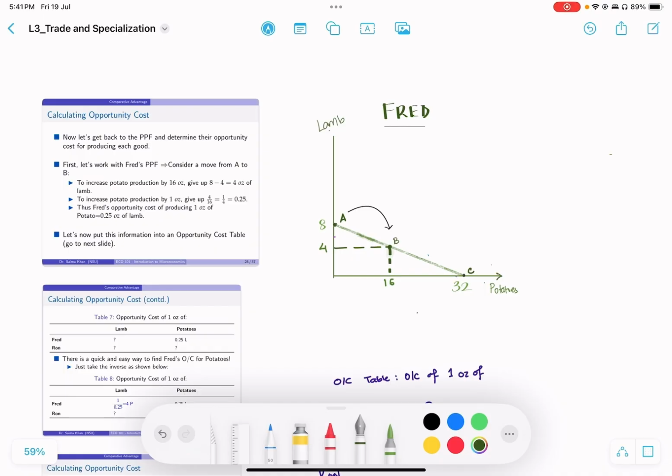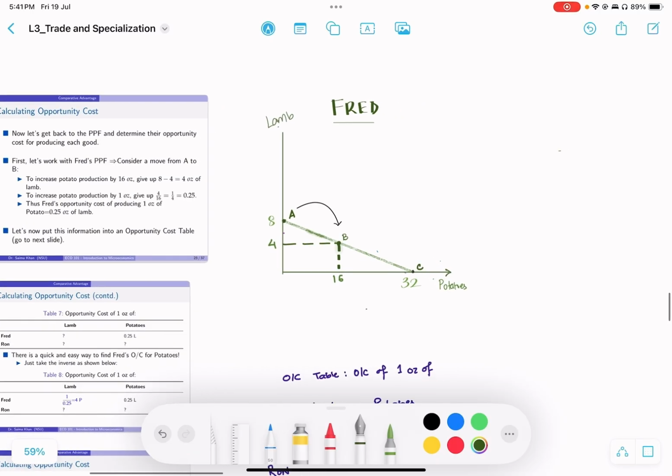So how do we do that? Because you're starting off, let's just focus on the PPF. So we've got Fred's PPF here, and let's consider a move from A to B, right? So let's write that out.